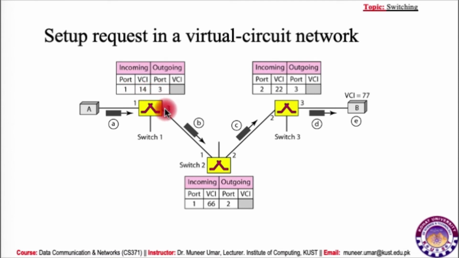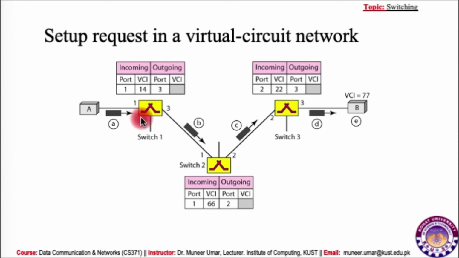Now at this setup phase, the switch acts as a packet switch. It has a routing table which is different from the switching table. For a moment, assume that it knows the output port.